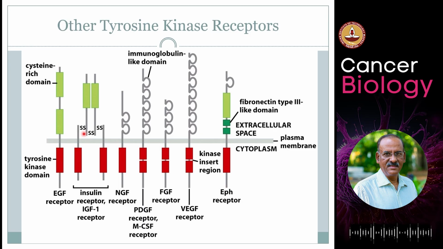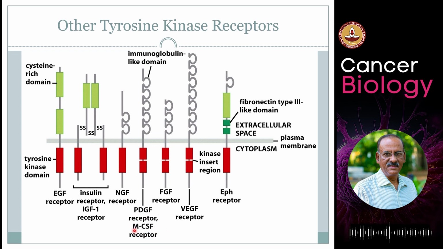And some receptors like the so-called NGF receptor, which is nerve growth factor receptor, PDGF receptor, platelet derived growth factor receptor, and colony stimulating factor receptor, macrophage colony stimulating factor receptor.